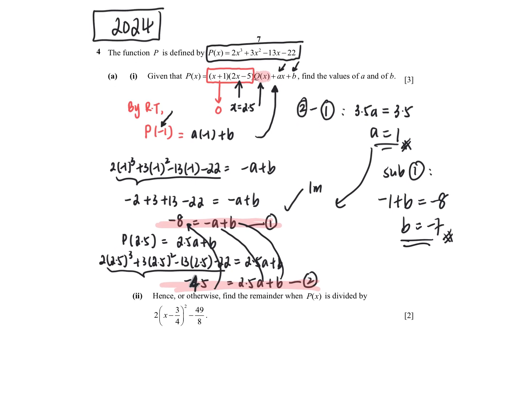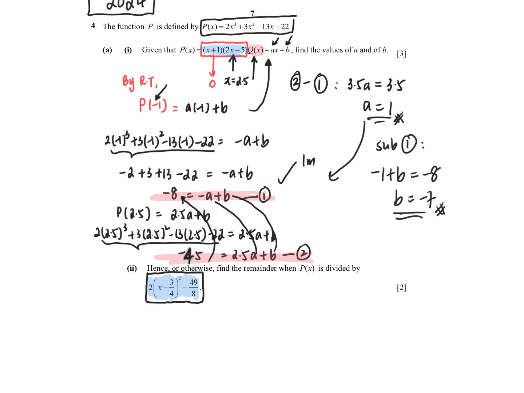Okay, next one. They say hence or otherwise, can you find the remainder when it is divided by this? Whenever you see this, you need to suspect it could be linked to the quadratic factor that you have here. No matter how fancy it looks here, go and expand this out first.